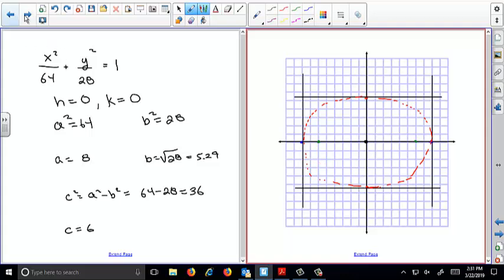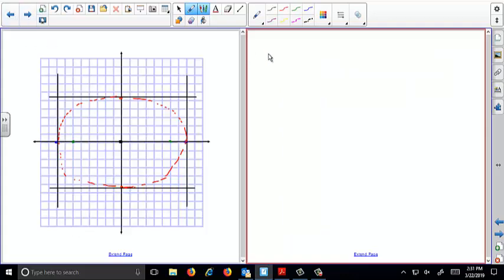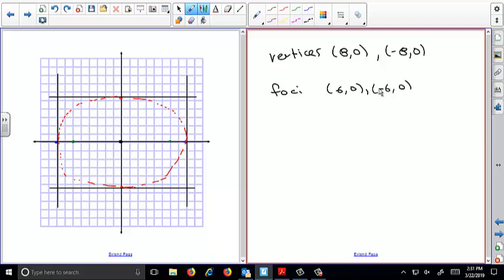I mean, it doesn't have to be perfect. Okay. So now that we've got that drawn, the vertices are these points. So that's 1, 2, 3, 4, 5, 6, 7, 8, so 8, 0, and -8, 0. The foci are, so we go +6, so it's going to be 6, 0, and -6, 0.